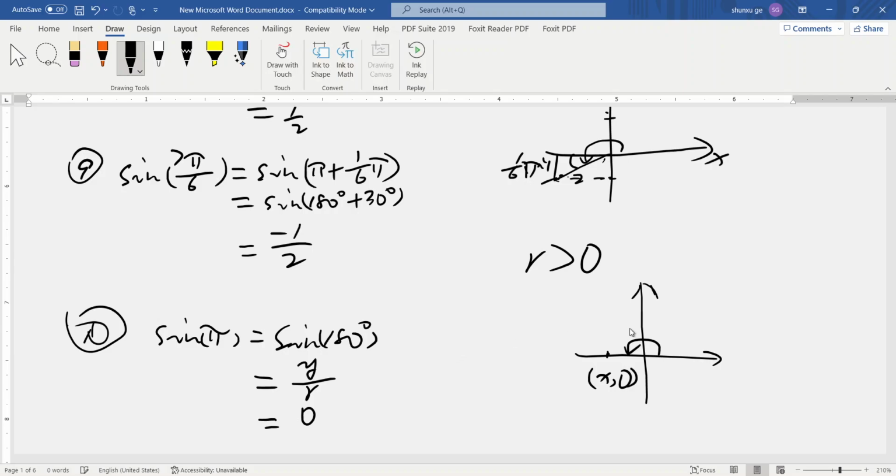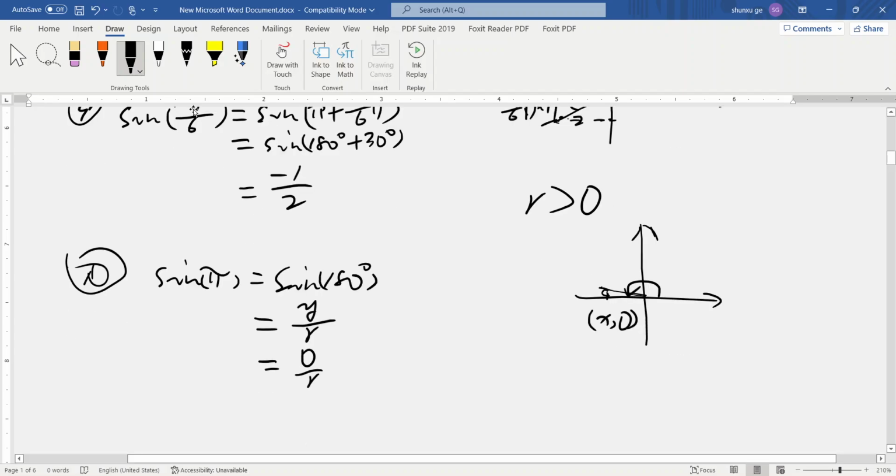y is 0. For example, here, try to find the angle like this. This is easy to understand. This is 0. 0 over r is 0.